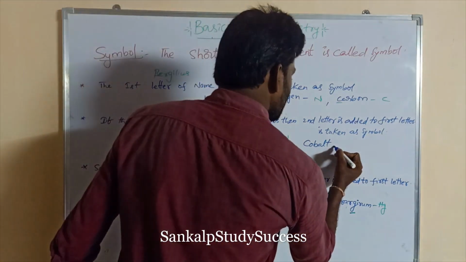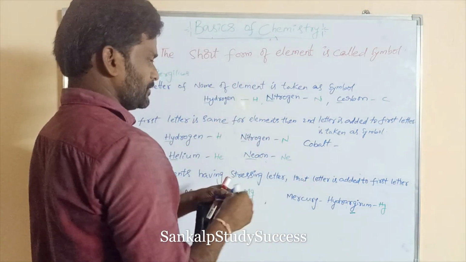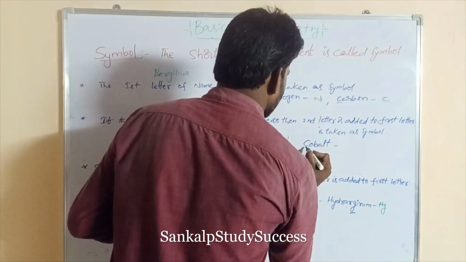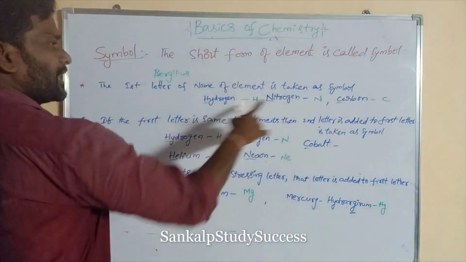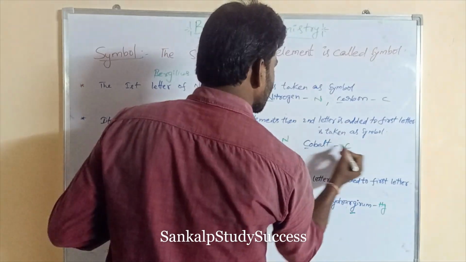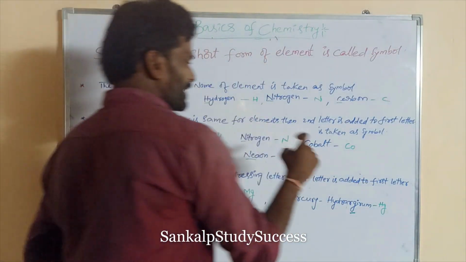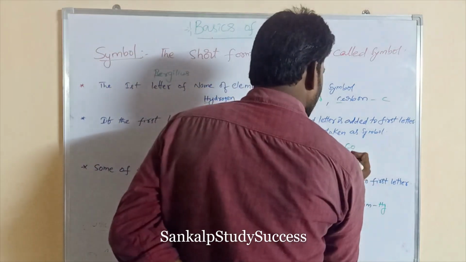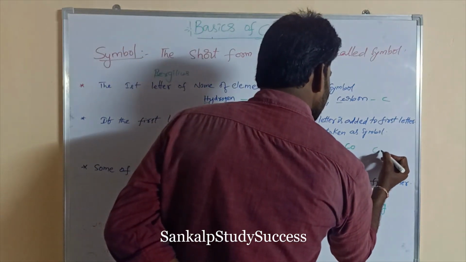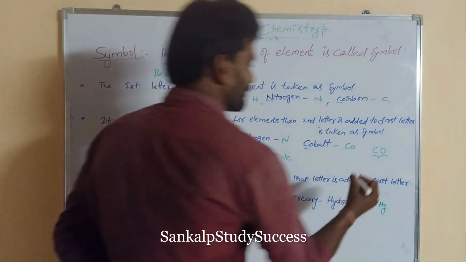What is the first letter? C, which is already given for carbon. What is the second letter? O. So Co. Don't write it as a capital CO, because that is carbon monoxide.